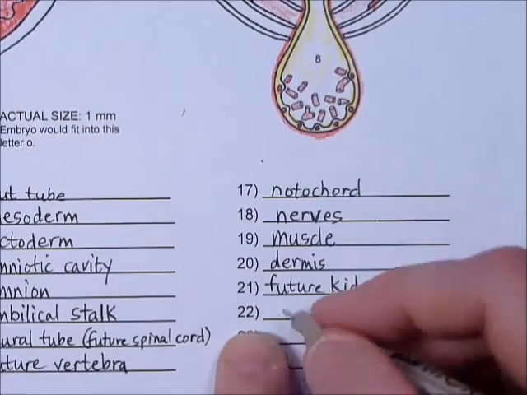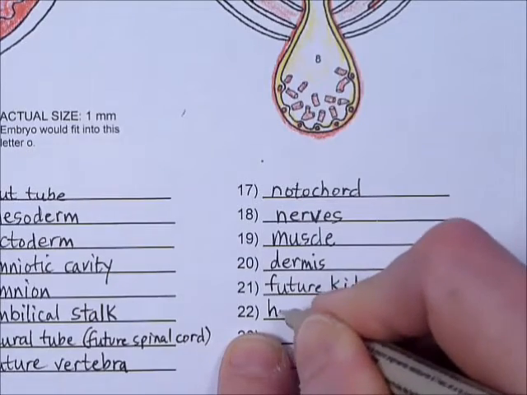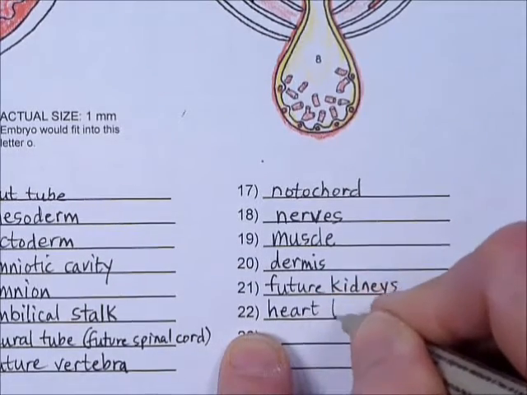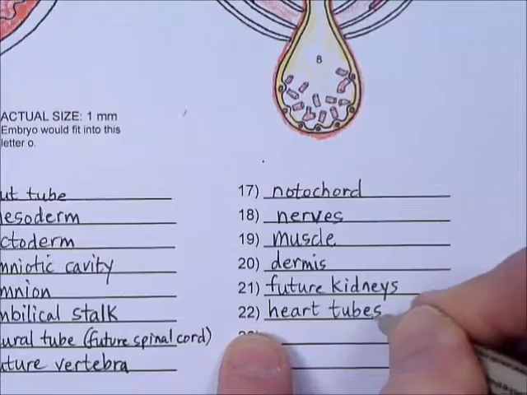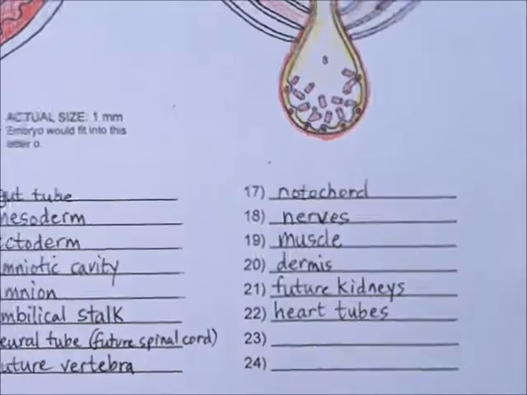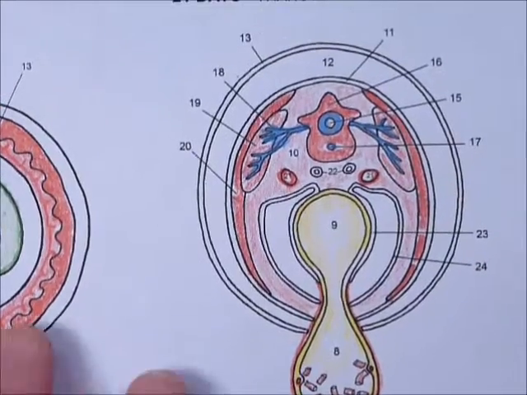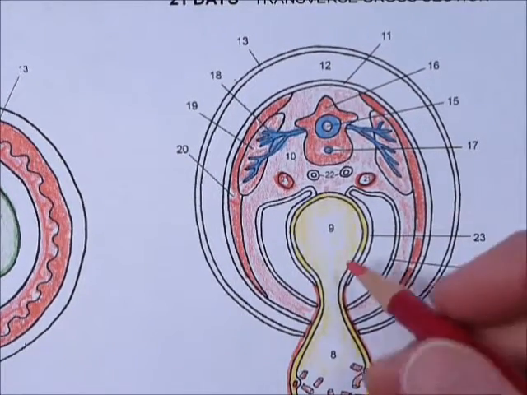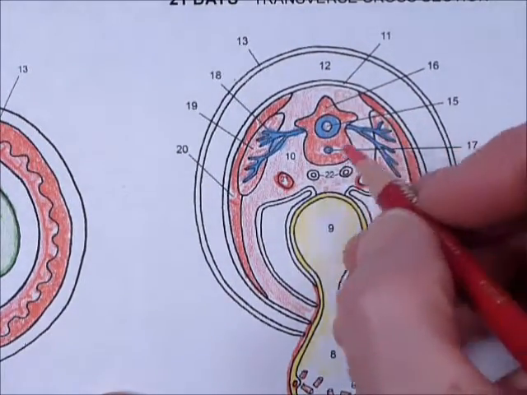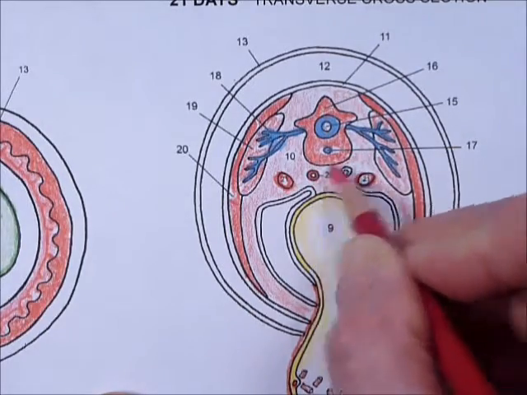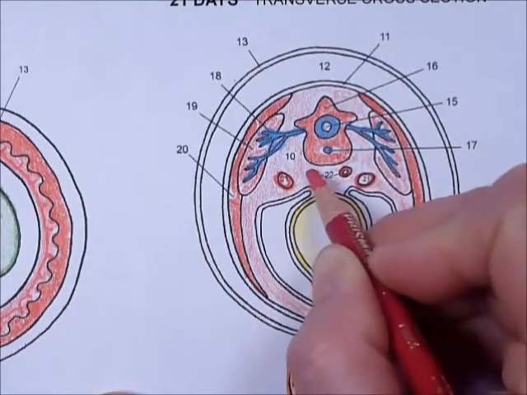And as long as we're here, let's write 22. The heart tubes. And I showed you a picture of how the heart starts out as two tubes that come together and then kind of morph into a heart shape. So 22, heart tubes there.